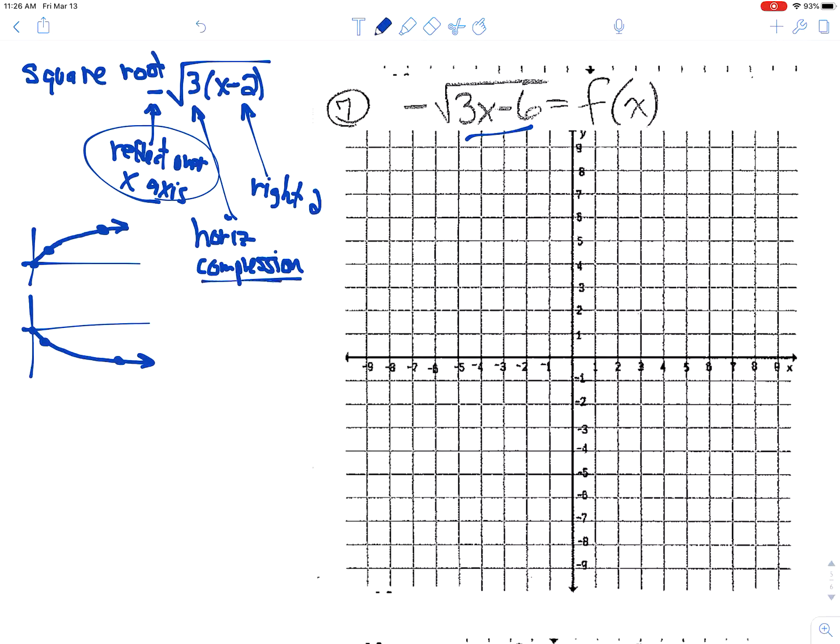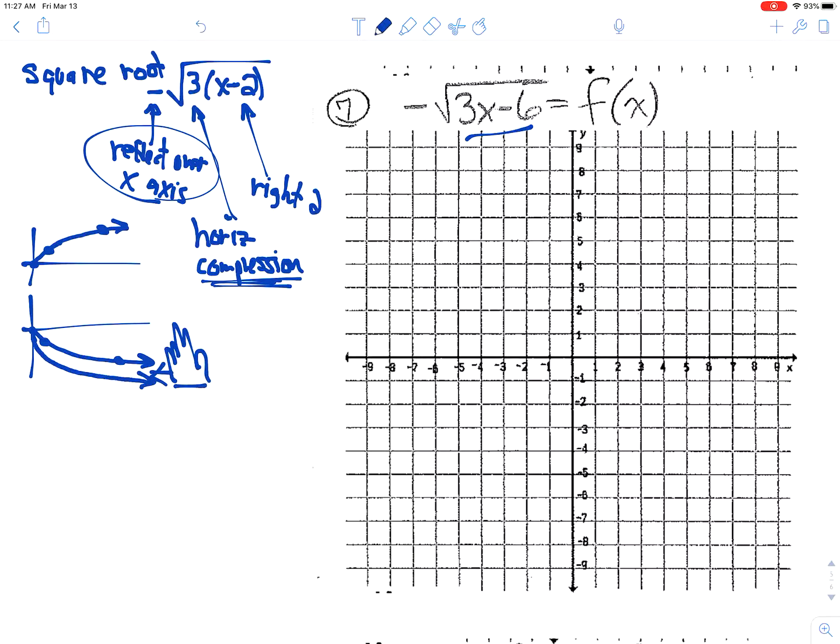And then I need to take the horizontal compression next, because in the order of operations, we've got to do reflections and dilations, because they're the multiplying factor in the function. So a horizontal compression is going to be as if I'm kind of pushing that way, compressing it on the function. It's going to kind of bow out a little bit.